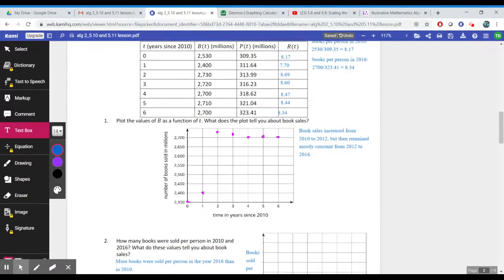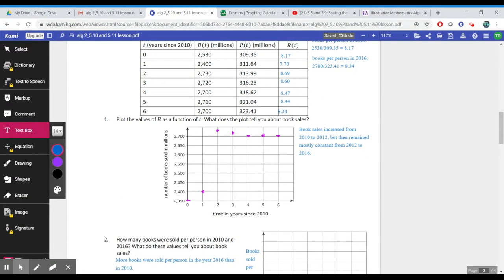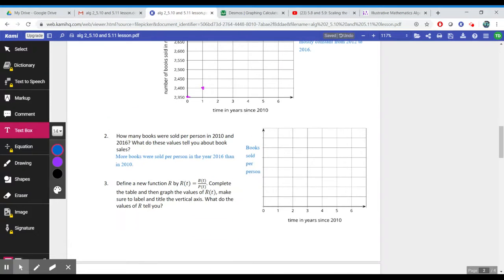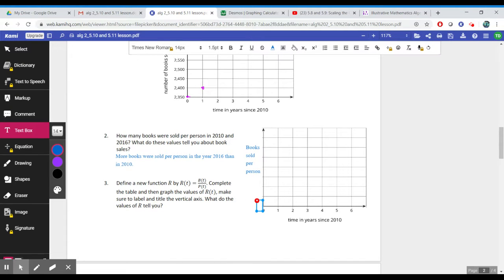Okay, so we know that our lowest value is 7.7 and our highest value is about 8.7. So how many cells do we have here? 1, 2, 3, 4, 5, 6, 7, 8. Okay, so I'm going to start with my lowest value being 7.7.